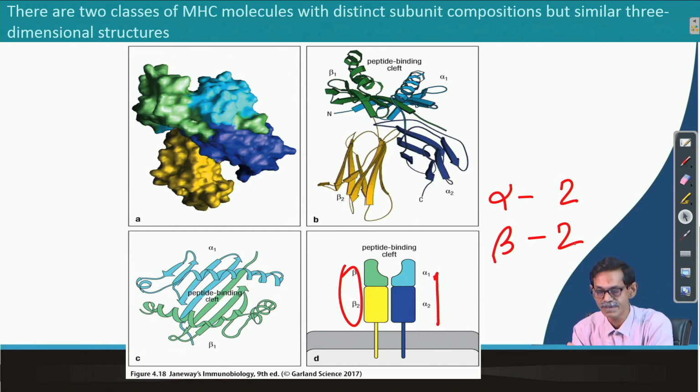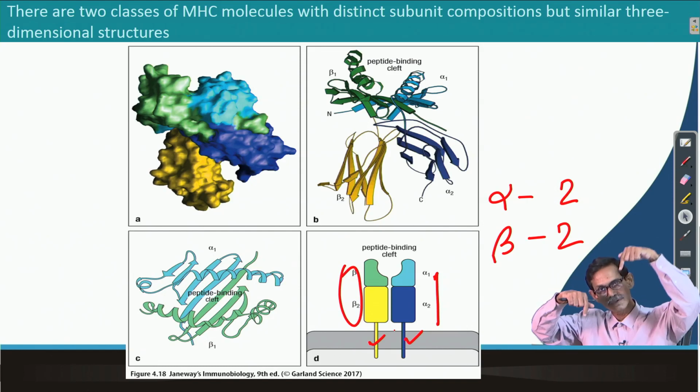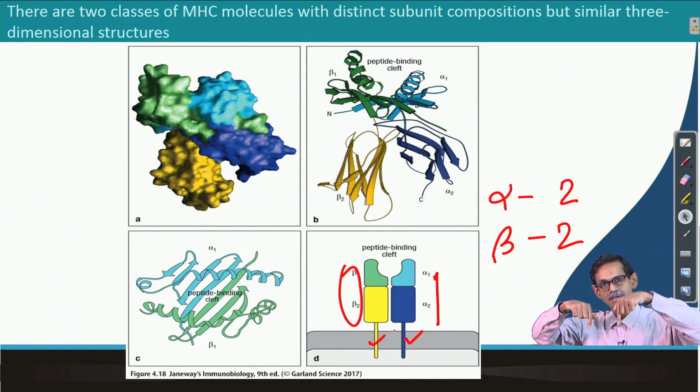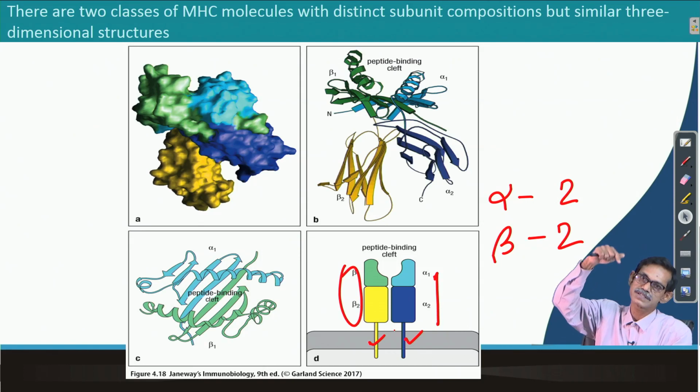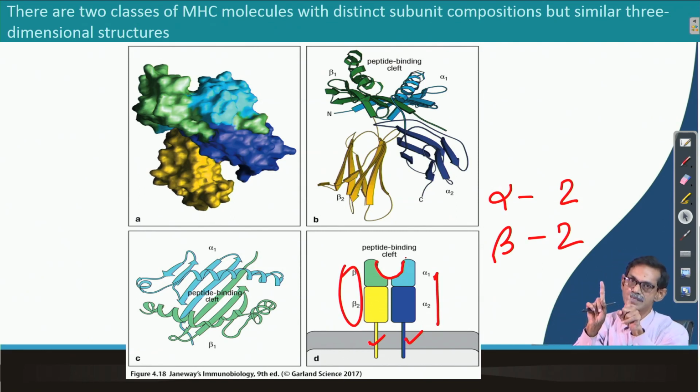Independently, both of them have a transmembrane domain, which is fixed in the plasma membrane. So they come together and form this cleft. This cleft is contributed by two different chains, alpha and beta.